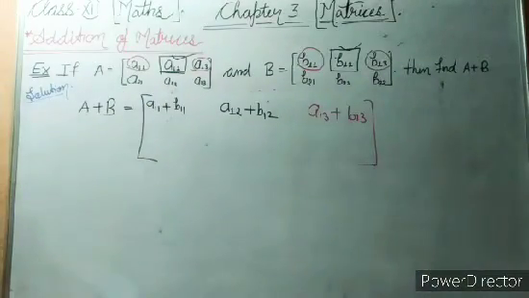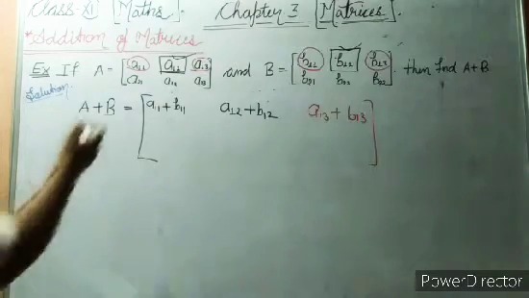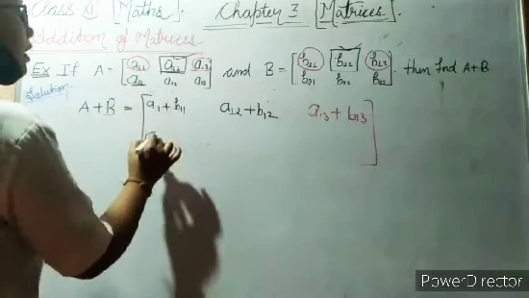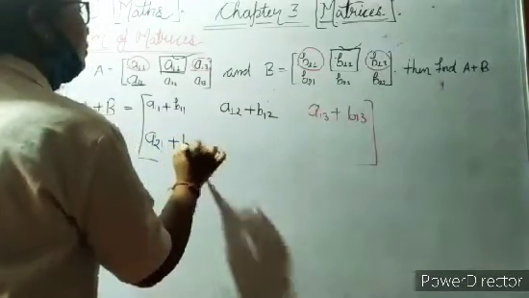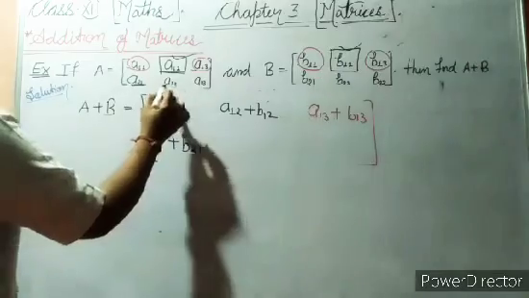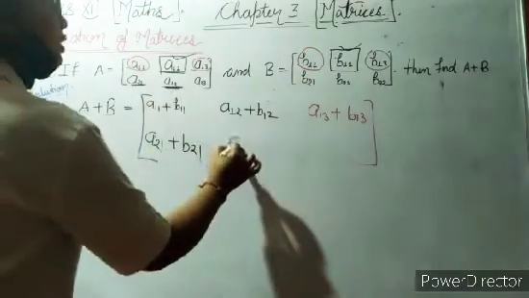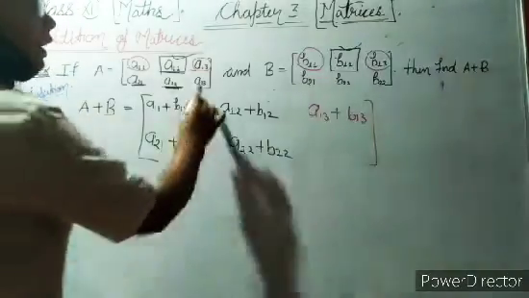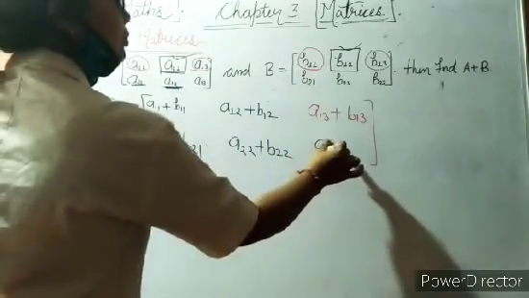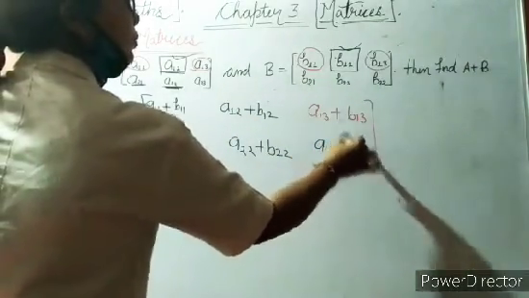Understand? Okay. Any doubt? If you have doubt, please ask. Now you see A21 plus B21. Okay. It is our second row. A22 plus B22. And third, A23 plus B23.